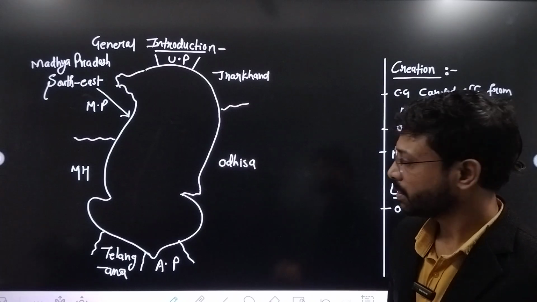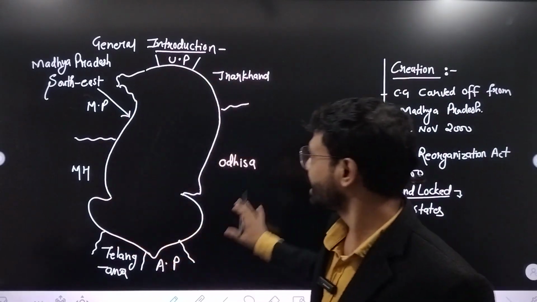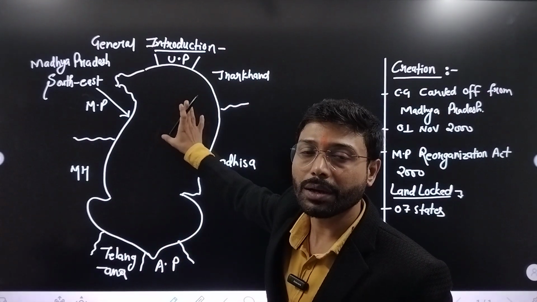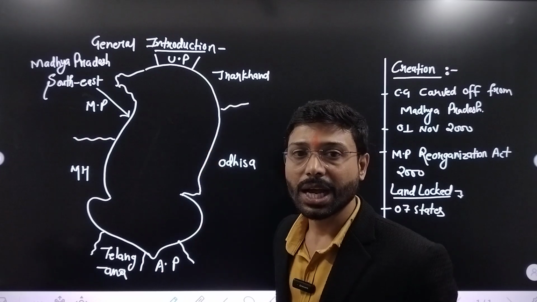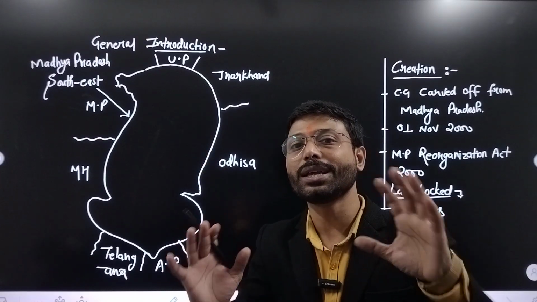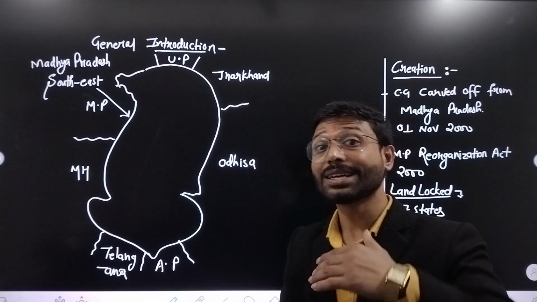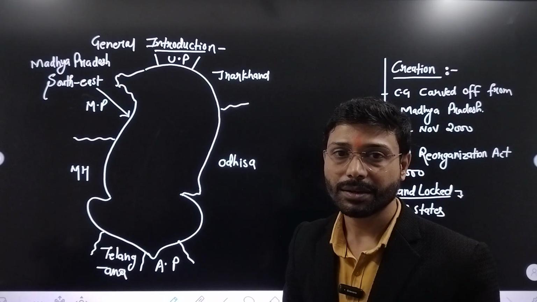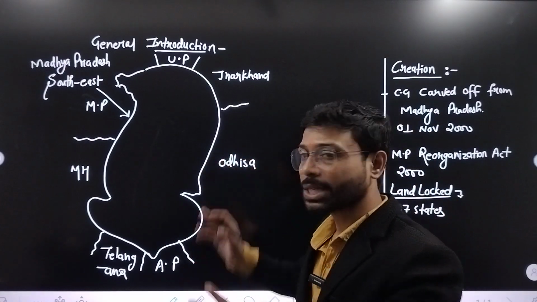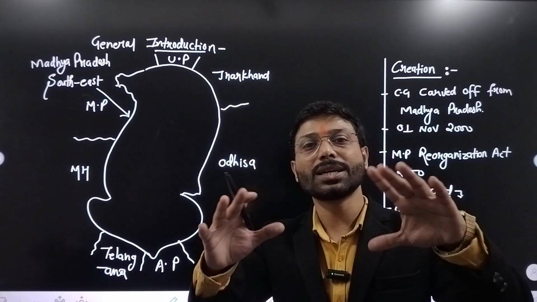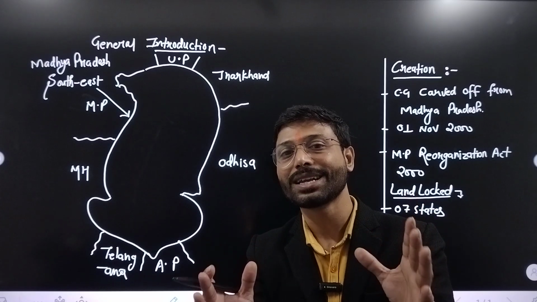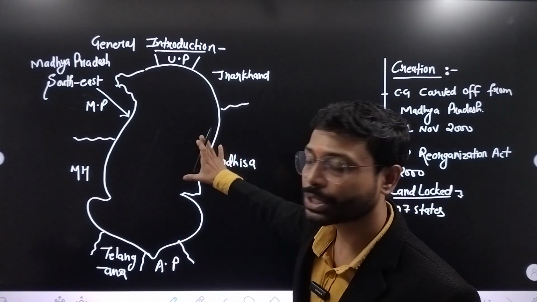Now see here, these 7 states cover the whole of Chhattisgarh, and there is no boundary of another country shared with Chhattisgarh. There is no other boundary or coastline shared with Chhattisgarh.